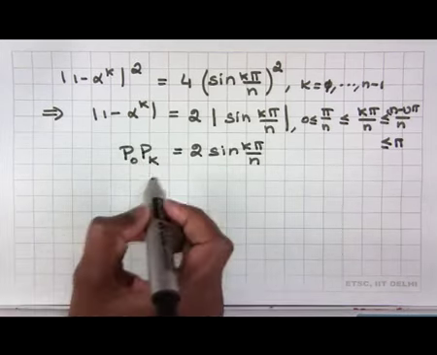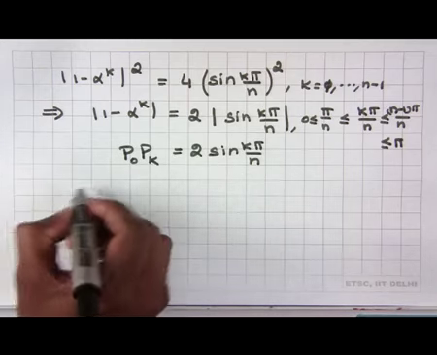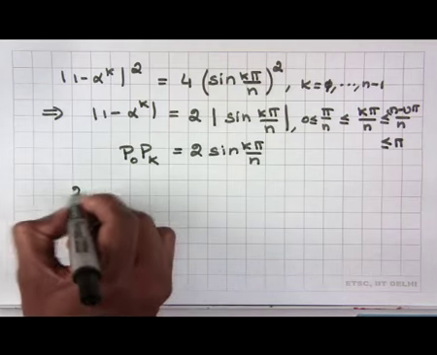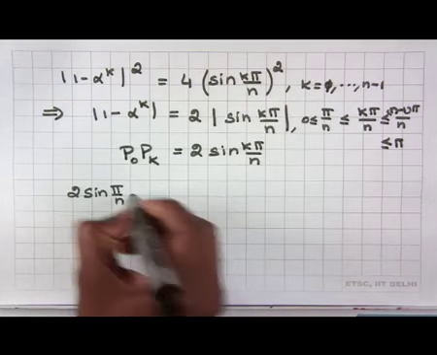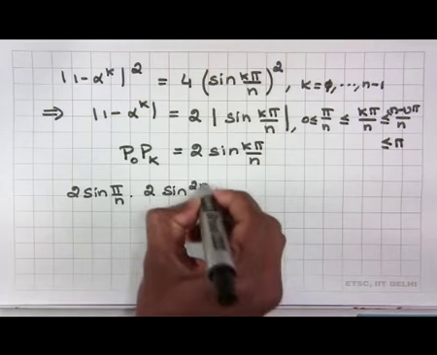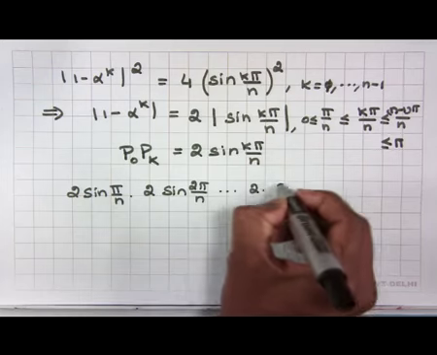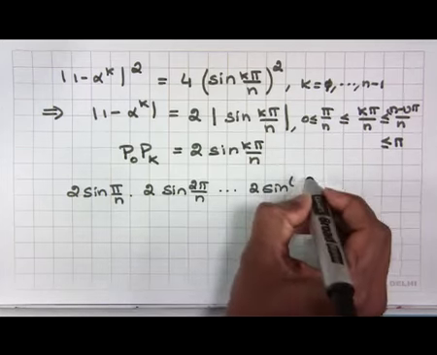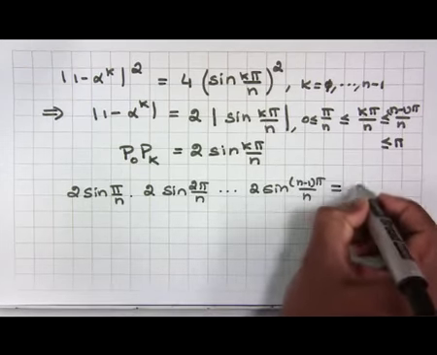Now, use the previously proved identity, which gives P naught P 1, which is 2 sin pi by n, product with 2 sin 2 pi by n, and product with 2 times sin n minus 1 pi by n. The product is n.